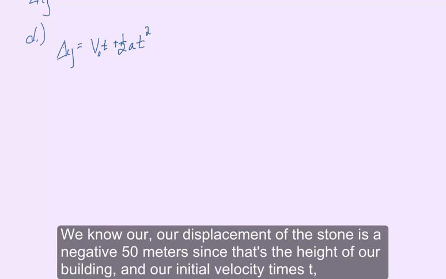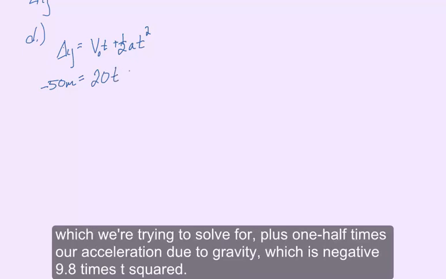We know our displacement of the stone is a negative 50 meters, since that's the height of our building, equal to our initial velocity times t, which we're trying to solve for, plus 1/2 times our acceleration due to gravity, which is negative 9.8, times t squared.